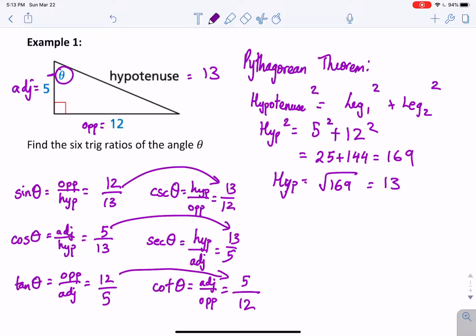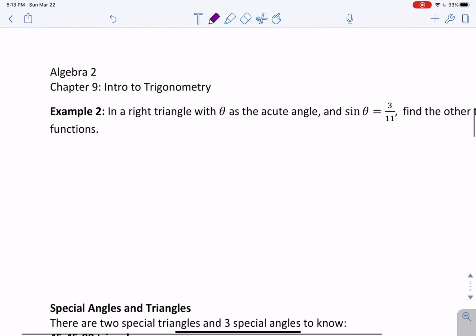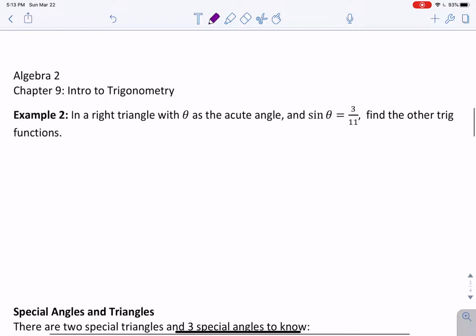So that's one kind of problem where you have a right triangle given to you, and we're just trying to find ratios. Often, though, we don't have a right triangle, and what we're trying to make the switch to is starting out from triangles, but then moving into angles or circles generally. So we're going to do this other problem. We have some right triangle, and there's a theta in it.